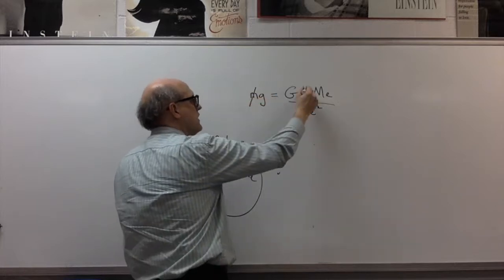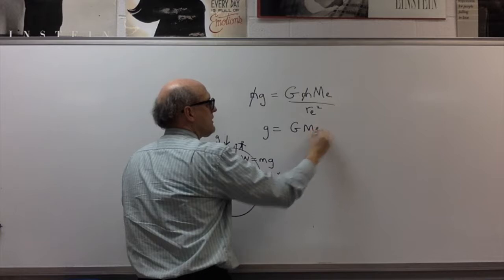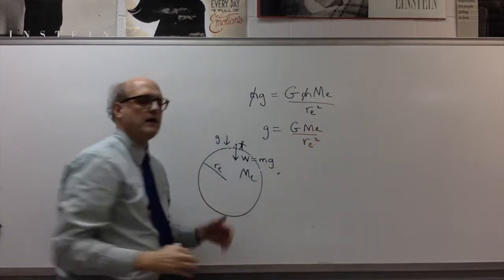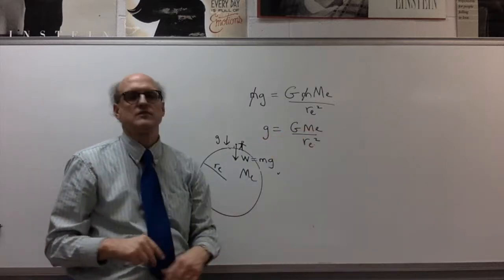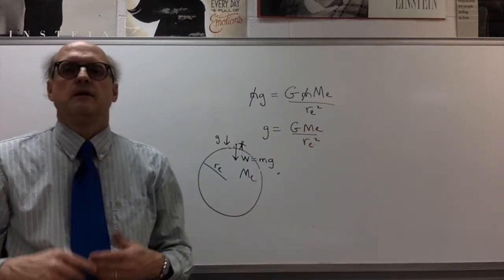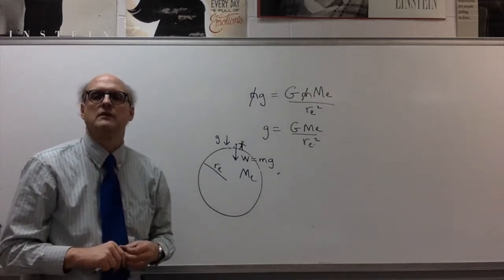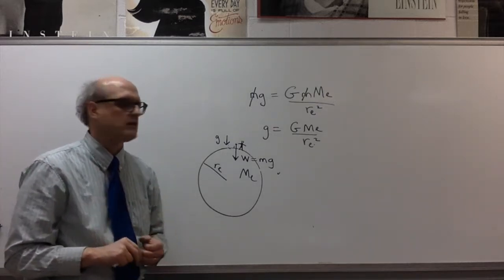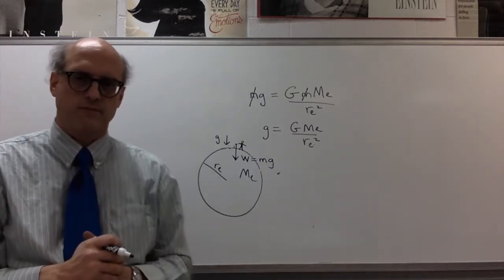Notice that the mass of the rock cancels out, so we can see that the acceleration due to gravity is not dependent upon the mass that is falling. It's only dependent upon the mass of the earth and the center-to-center distance between the falling object and the earth squared. And of course, that universal gravitation constant is inserted there. Pretty cool.